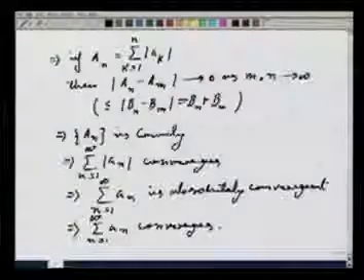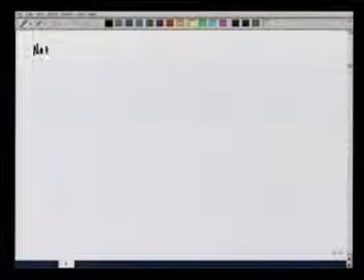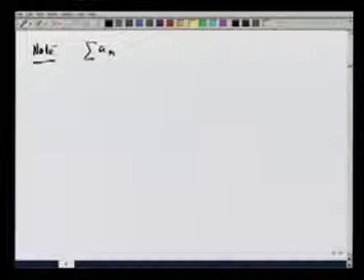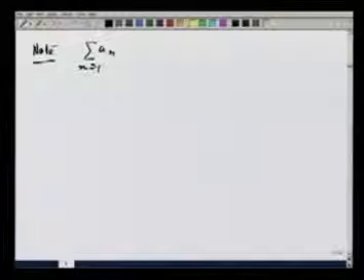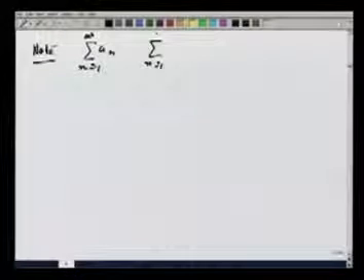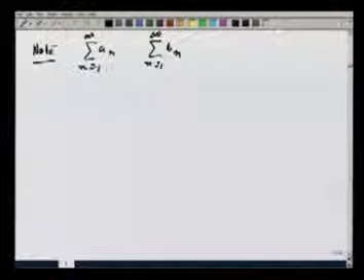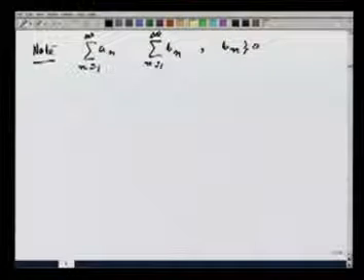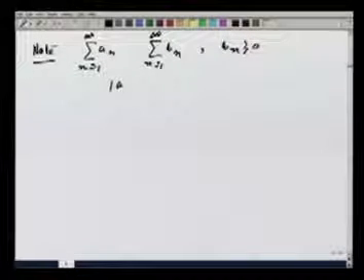Okay. So what it says is very simple. Again I will put it as a note: you have two infinite series, one is summation an, n from 1 to infinity, another is summation bn. Assume bn is non-negative. If you compare the terms now, that is why it is called the comparison test.